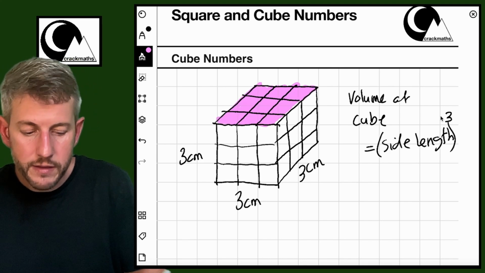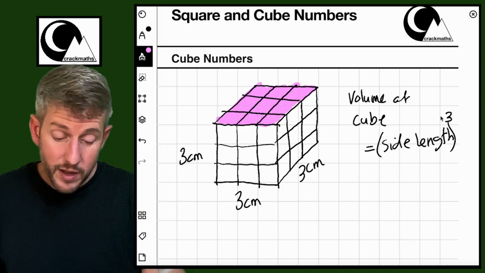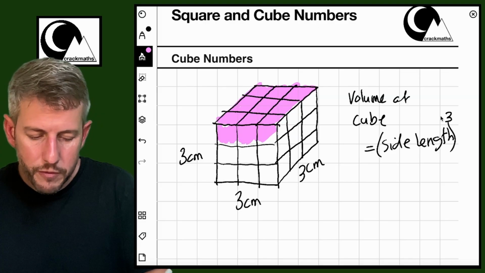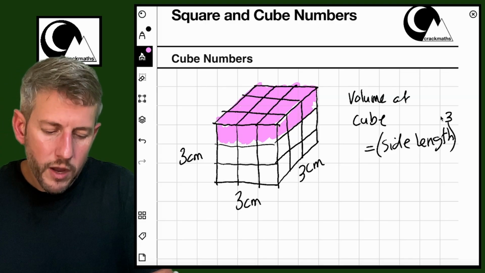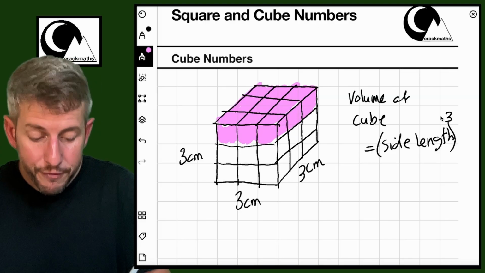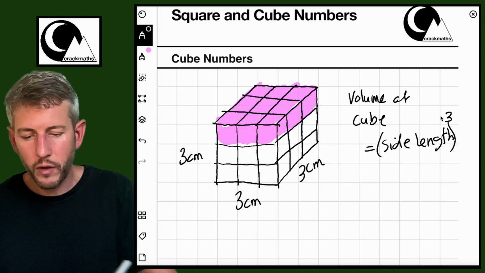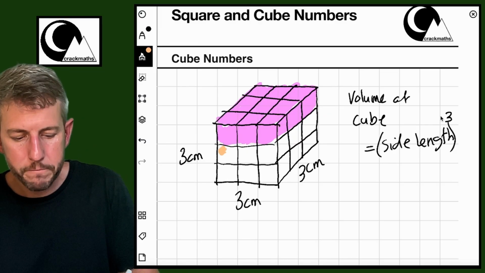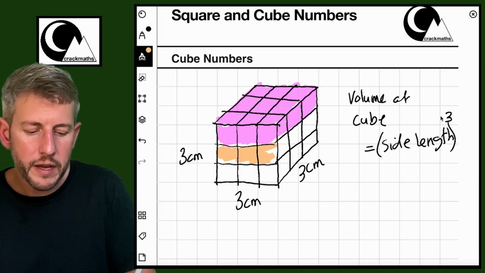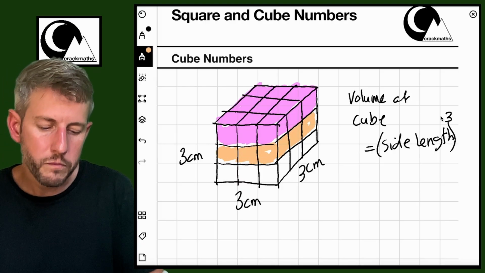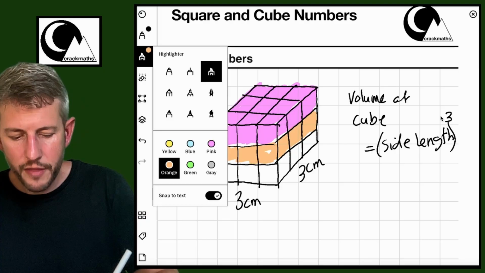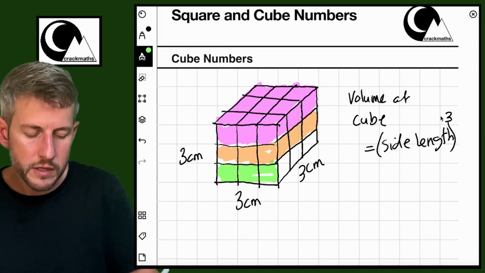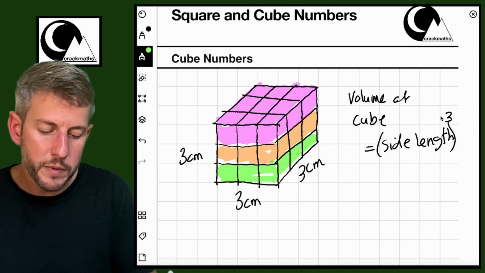But then if we turn this into cubes and think about the rows of cubes, when we times the 3 by the 3 for the third time, we get all of these rows of cubes. So we get the 9 cubes here, then 9 cubes again, and then the 9 cubes again one last time.